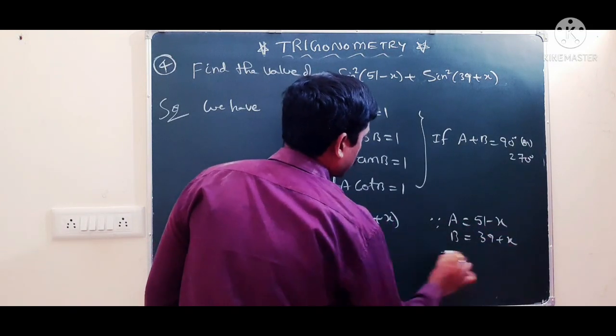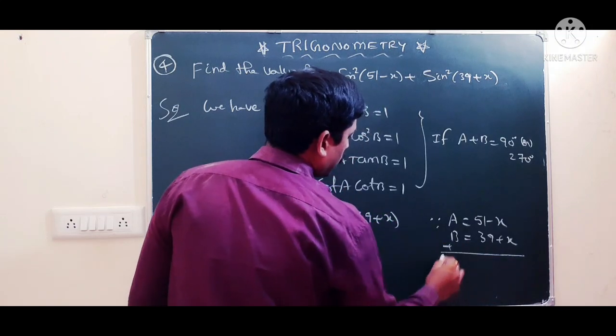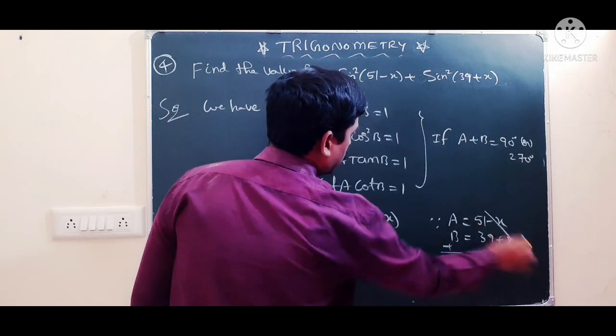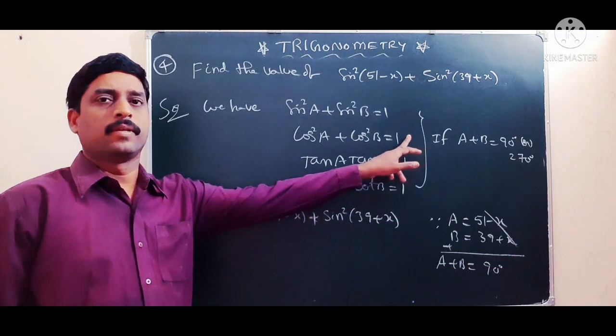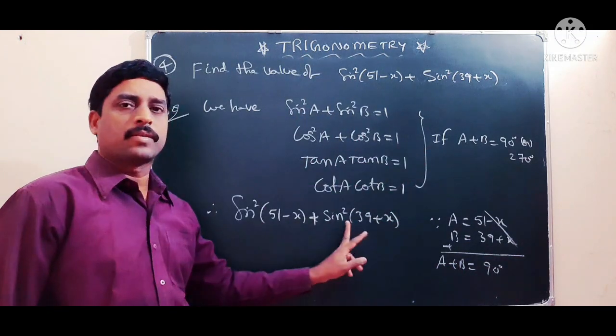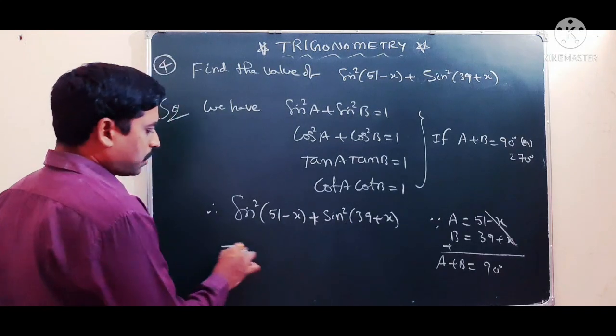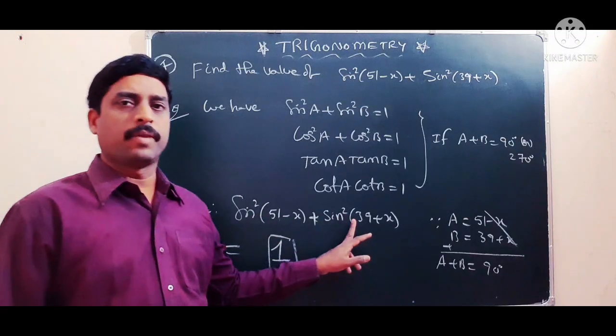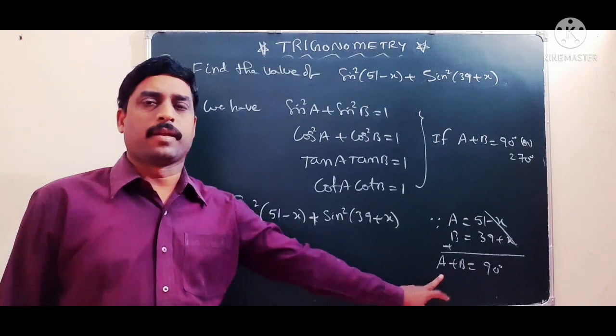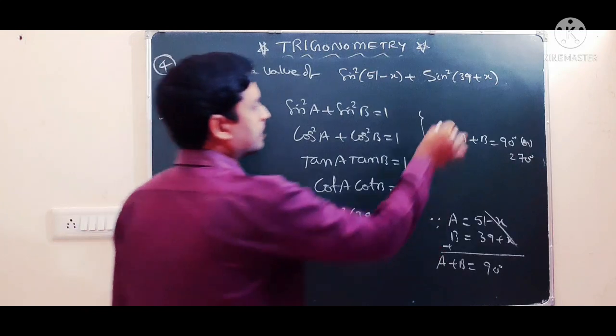Okay, the sum of these two angles, a plus b is equal to, x gets cancelled, 90. So this condition is verified. Okay, so sin square a plus sin square b equal to 1. This answer will be 1. Sin square a plus sin square b is 1 if a plus b is 90. So the answer is 1.